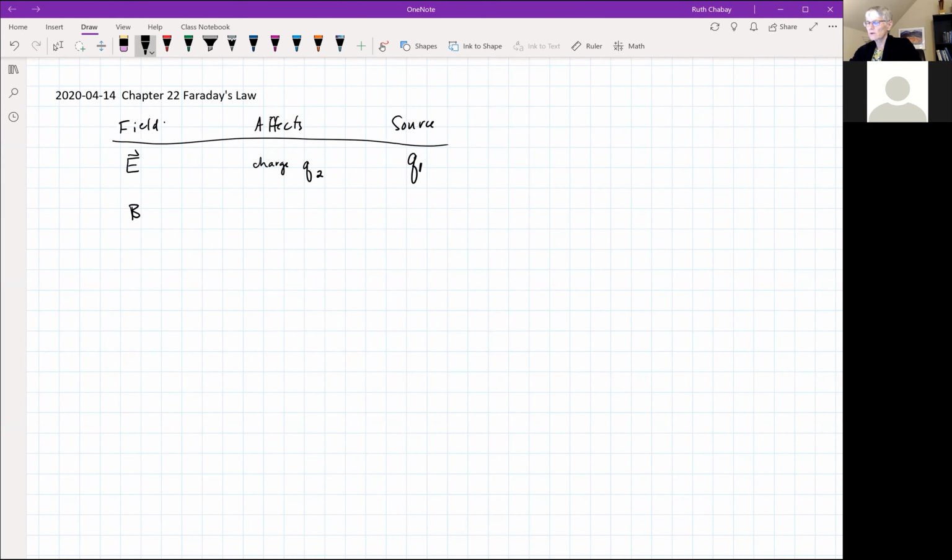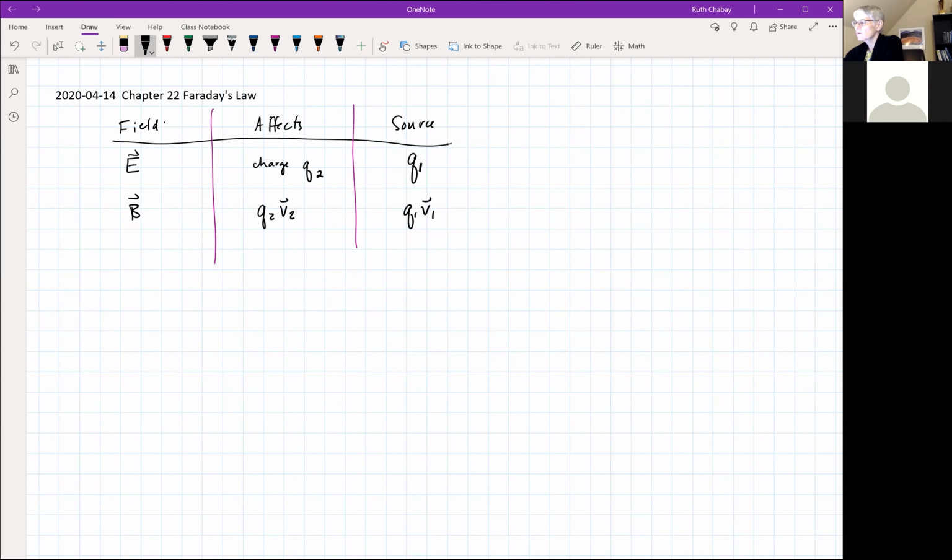We've also talked about magnetic fields, which are made by moving charges and affect moving charges. So the source is some moving charge. But it turns out that there is another way to make an electric field.